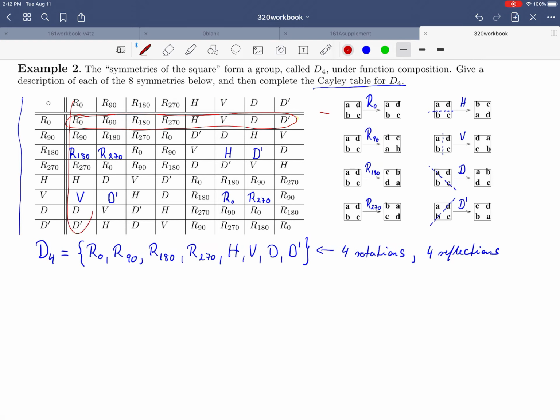And the same is true for the first column. What is that telling us? That is telling us that when we are taking R0 and combining it with all our other group elements, we are just getting our group elements back. And no matter if we do R0 composed with something else or something else composed with R0, what is that telling us? Let's write down some of these observations.